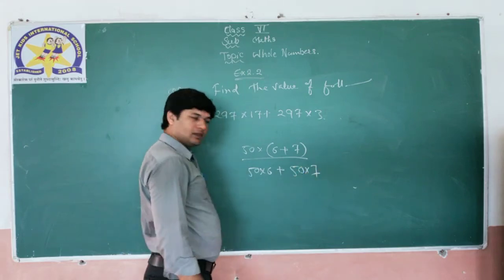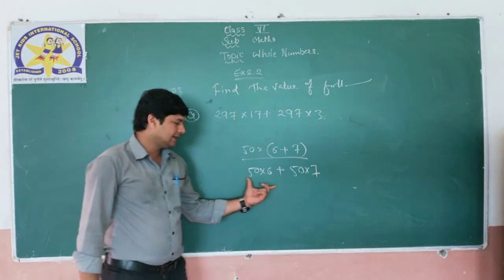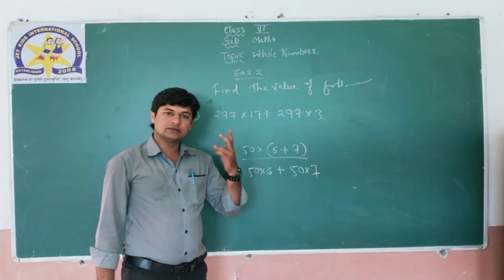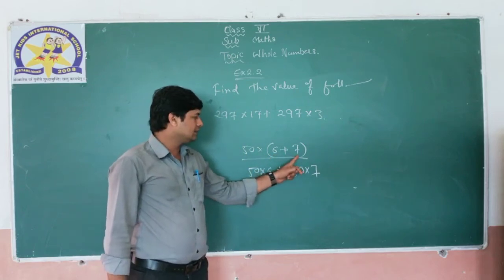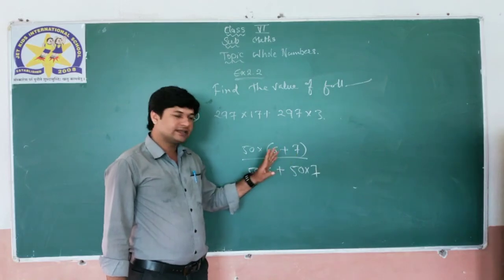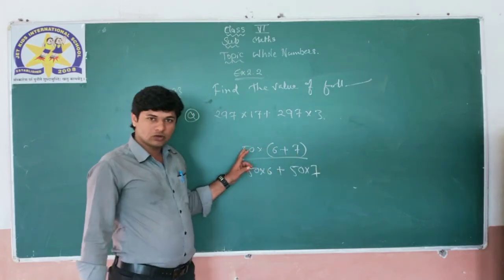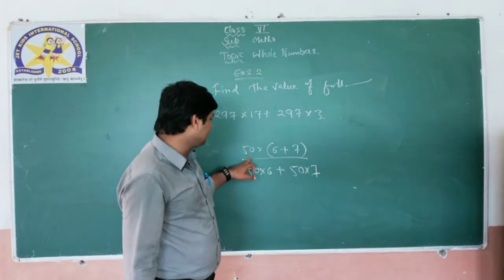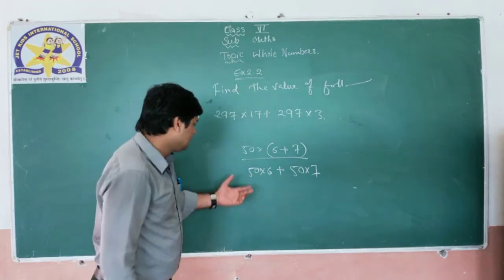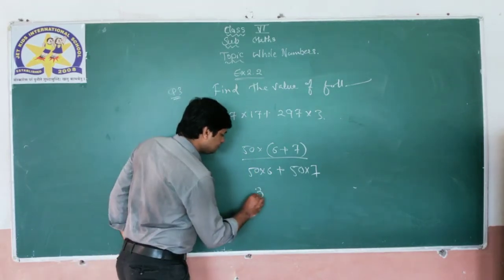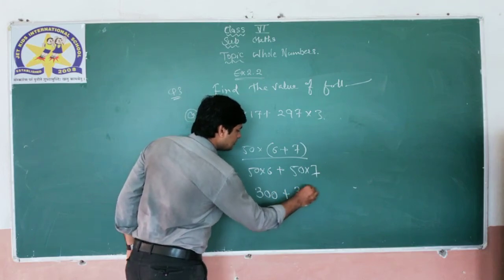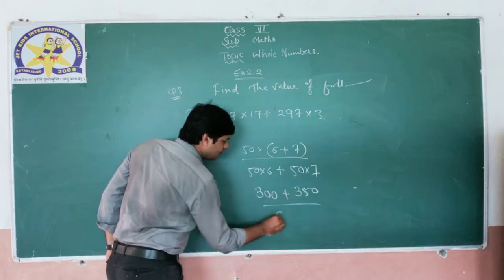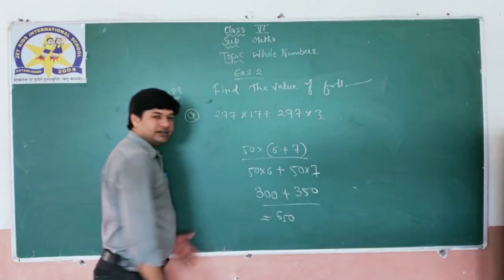When she purchased rice twice, first 6 kg, then the second time 7 kg. The cost of rice per kg is 50. So how much money did she pay? 50 sixes are 300, and then 350, 650 she paid in total. We did it like this.